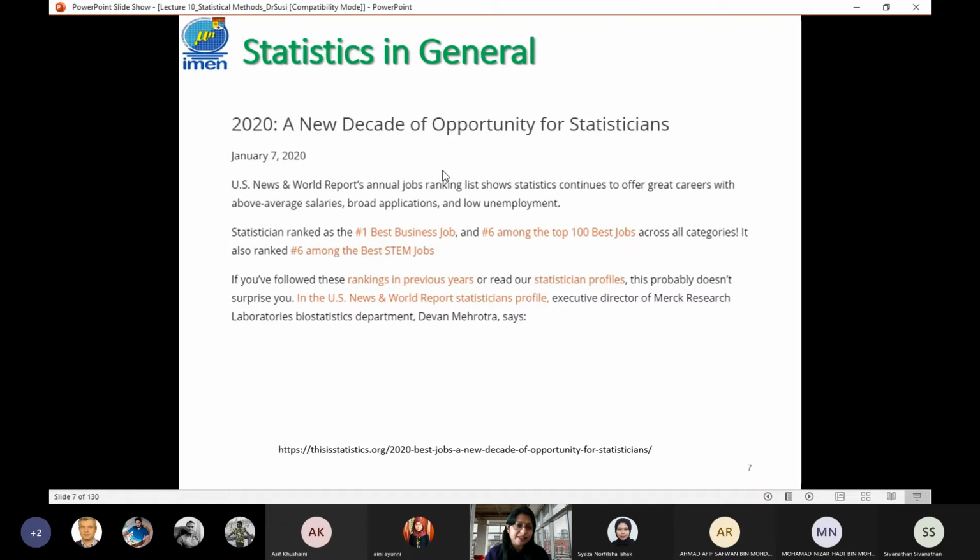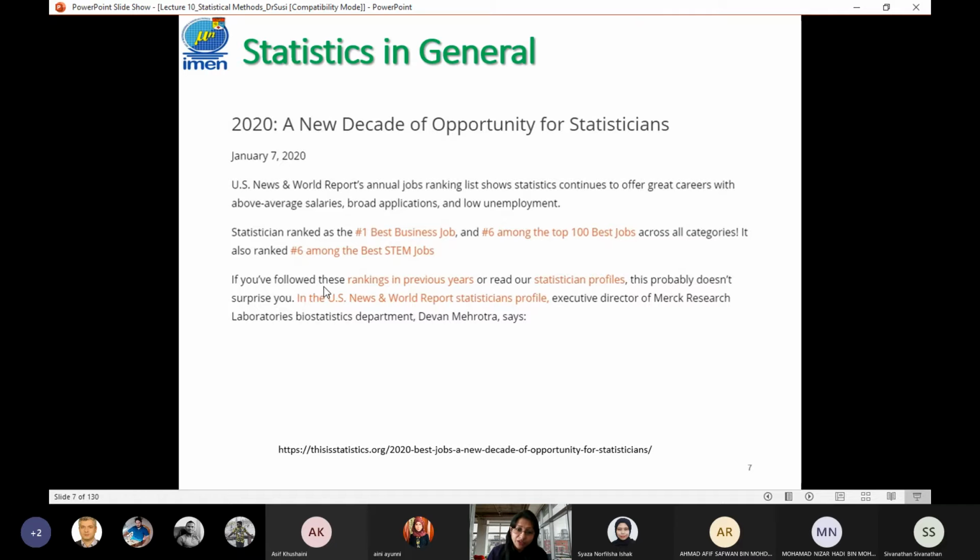So this is a news article. It says that 2020 is a new decade of opportunity for statisticians. I'm not asking you to change your job scope, but I'm just telling you that statisticians are in demand. They are ranked as the #1 best business job, #6 among the top 100 best jobs.